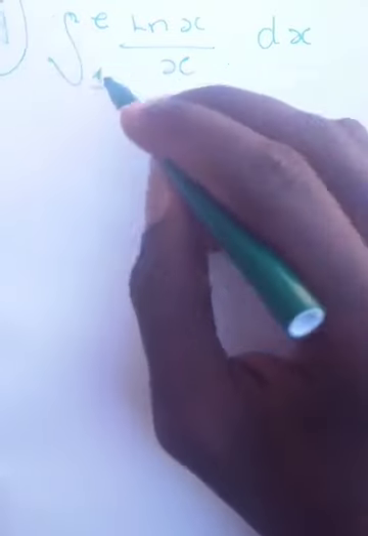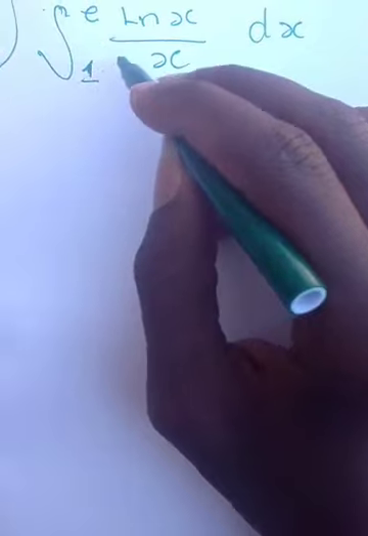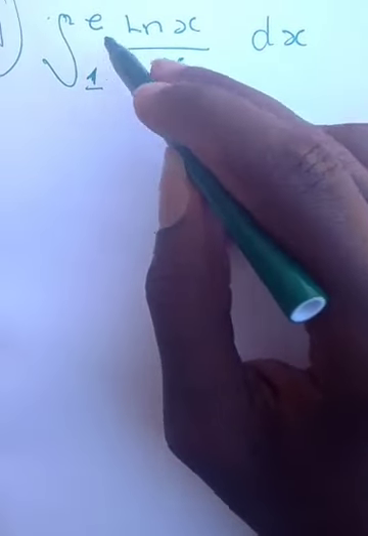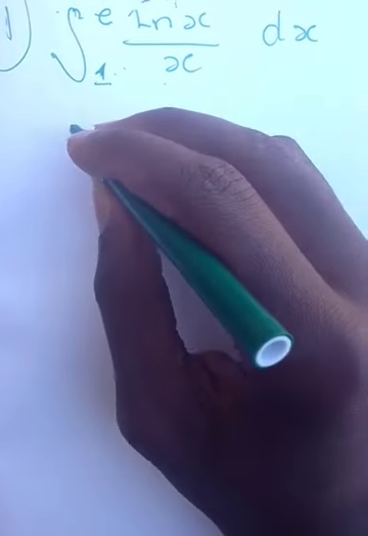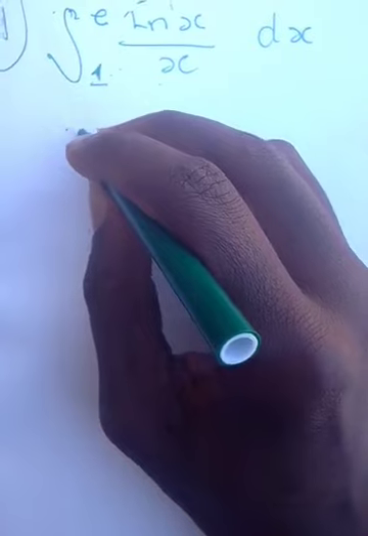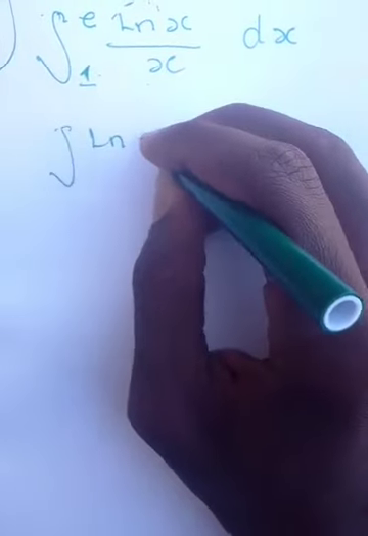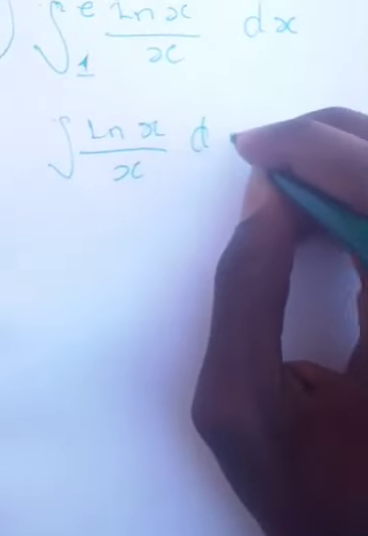So this question is a definite integral, right? First you're going to begin by integrating this. So first we find the integral of natural log x over x with respect to x.